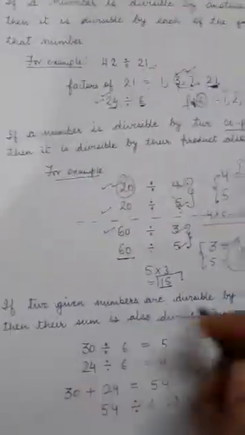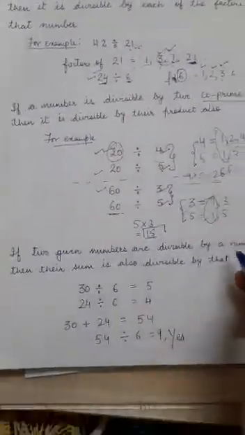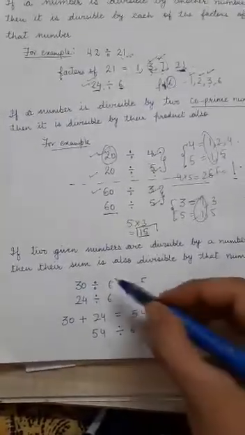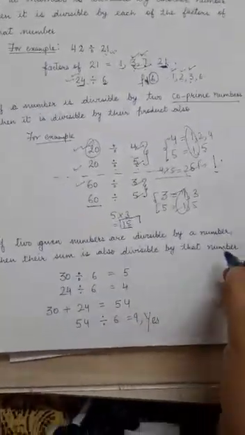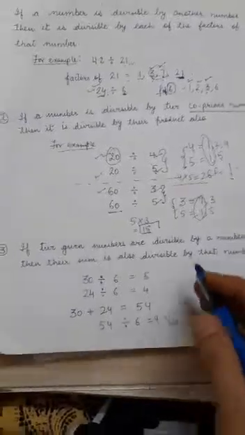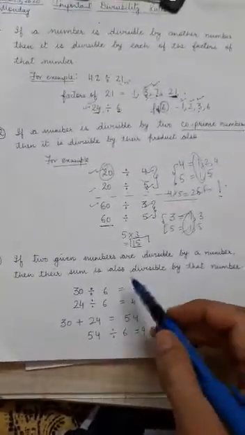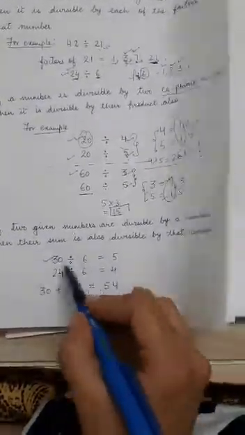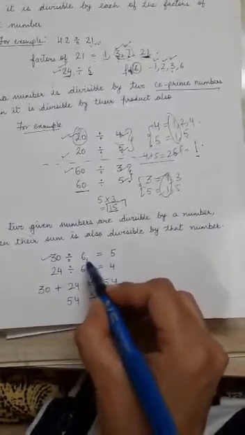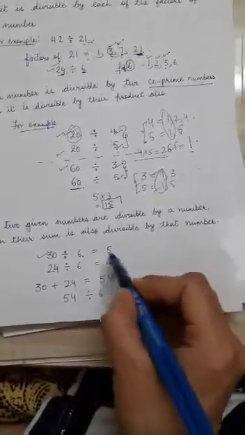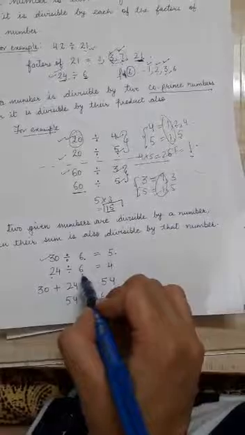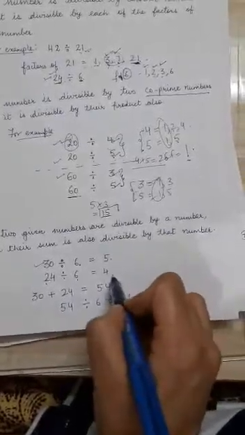Third divisibility rule. If two given numbers are divisible by a number, then their sum is also divisible by that number. So let us say 30. 30 is divisible by 6, it gives us 5. 24 is divisible by 6, it gives us 4.